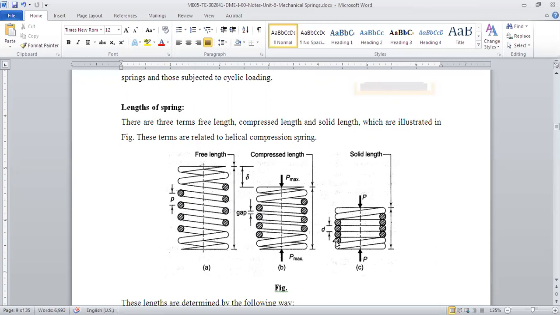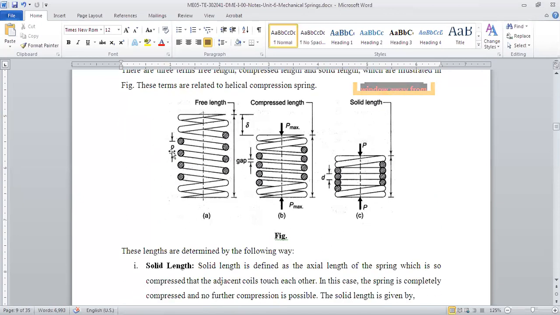So there are three lengths. One is solid length, when each and every coil is touching each other, that means it's a solid spring. There is compressed length, that means at the maximum allowable load, some minimum gap between each coil is required. And free length is the length of the spring when there is no load. These are the three terms which we need to understand.